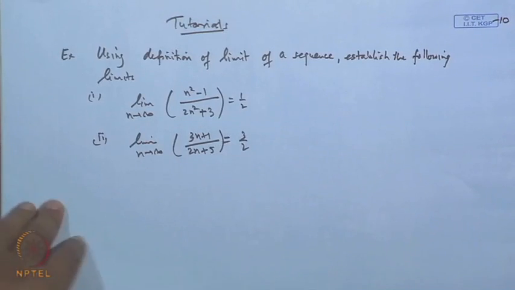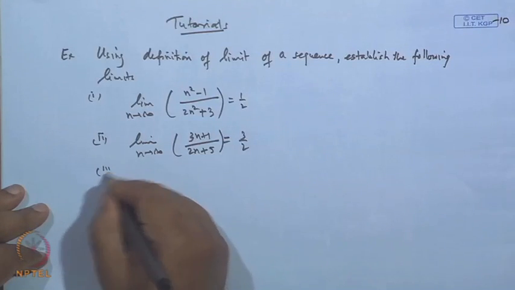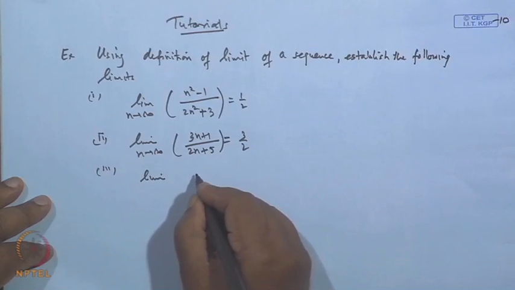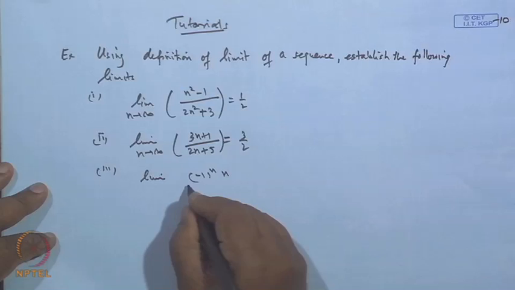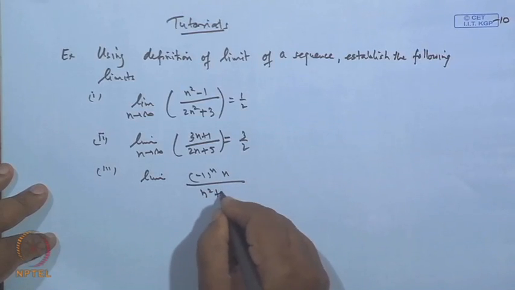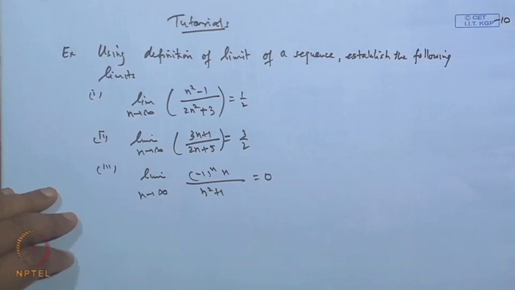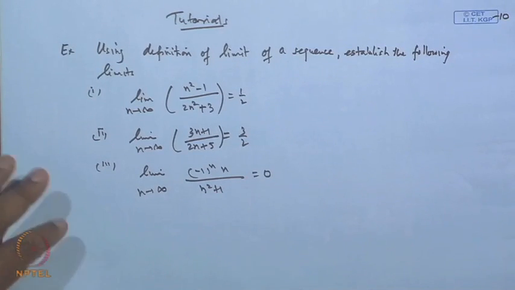Third, the limit of minus 1 to the power n into n divided by n square plus 1 is 0 as n tends to infinity.